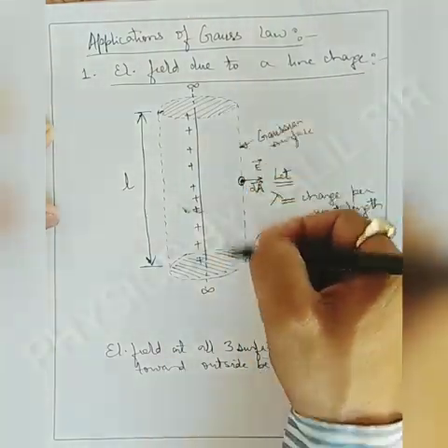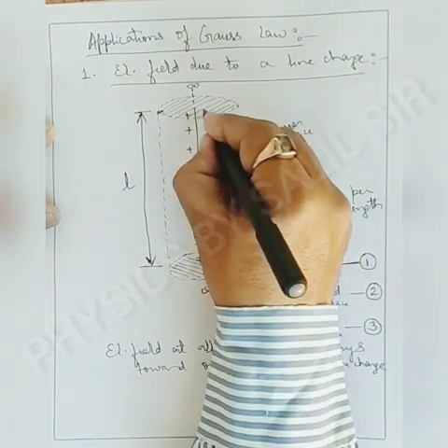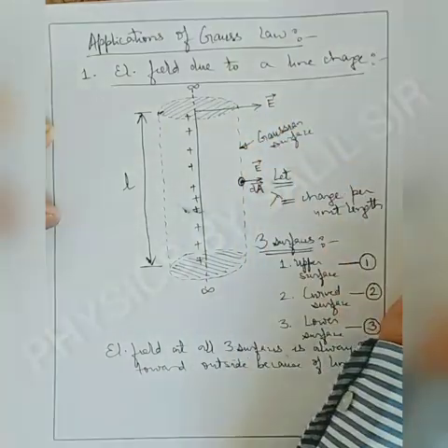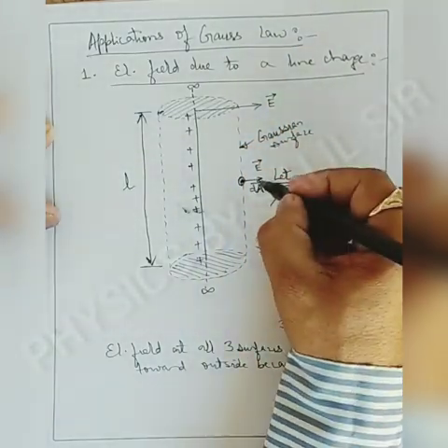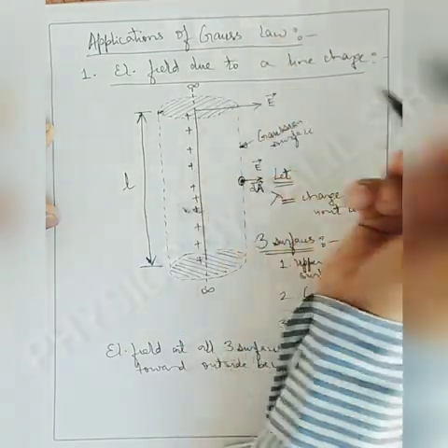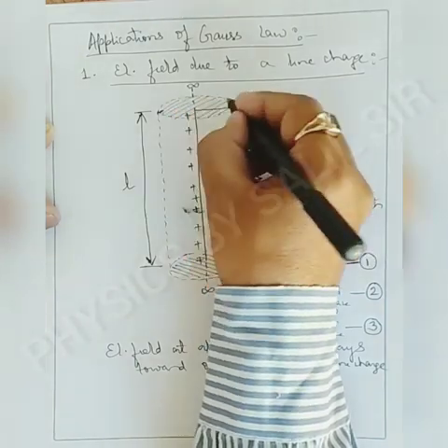Now if we talk about both the faces, because this is a line charge, the direction of the electric field intensity will be similar to that on the curved surface, but the area vector will not be, because the area is this.